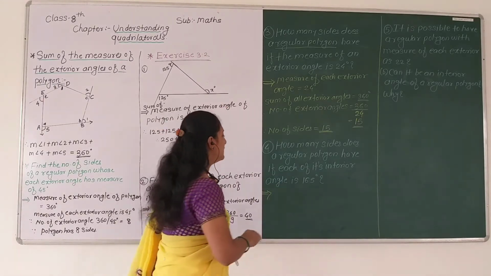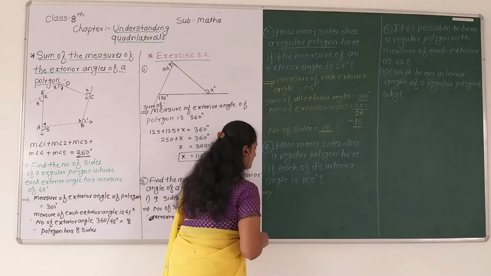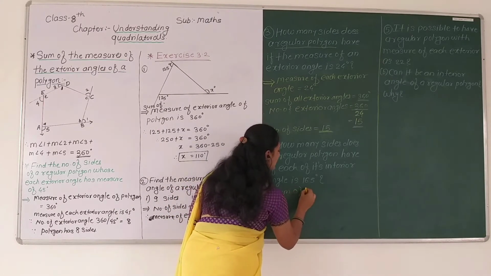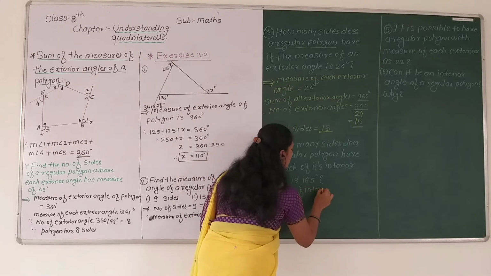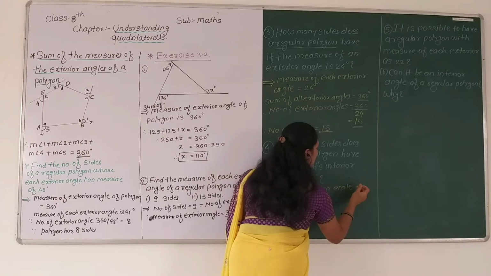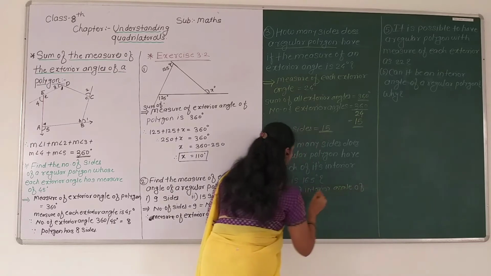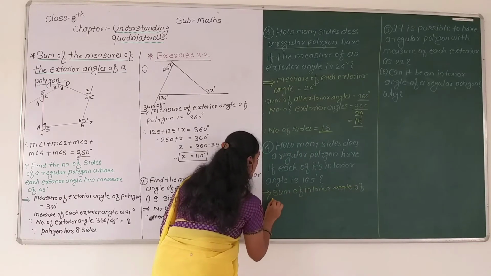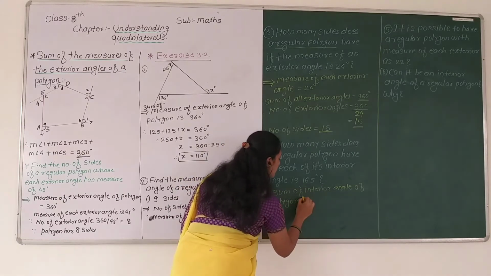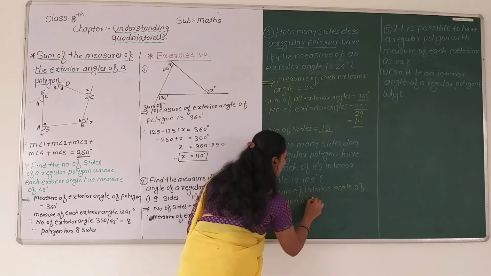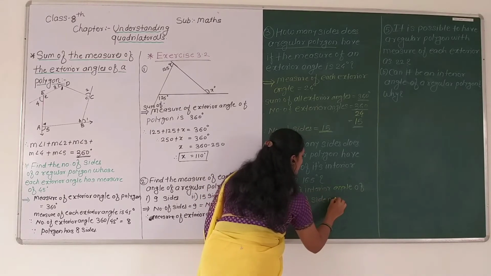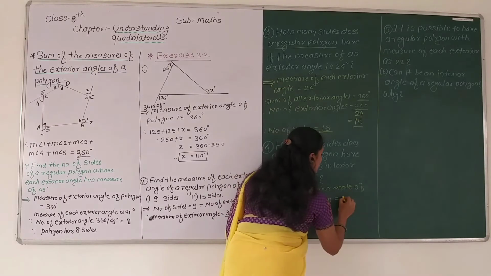Now the sum of interior angles of a polygon with n sides is equal to what?